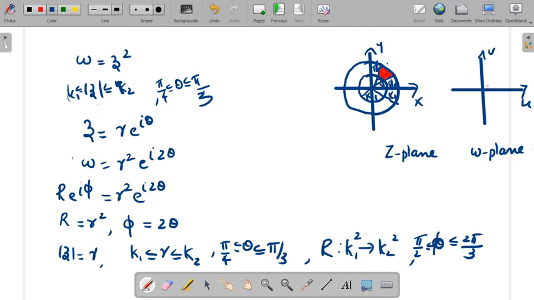That means W takes the region between two circles whose radii are, those are concentric circles whose center is 0. Center 0 ആണ്, കാരണം W equal to R square e raised to 2 theta എന്നാണ് നമുക്ക് കിട്ടിയിരിക്കുന്ന എക്സ്പ്രഷൻ.